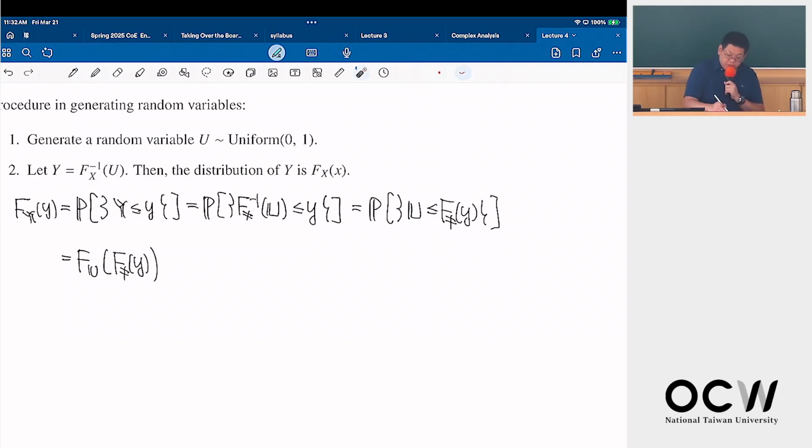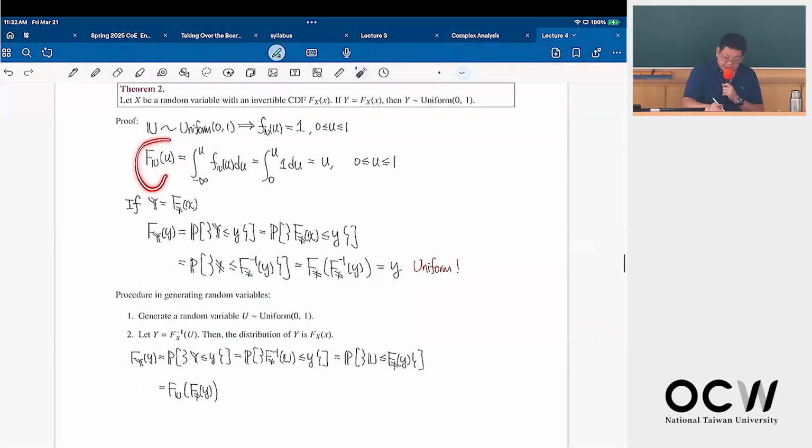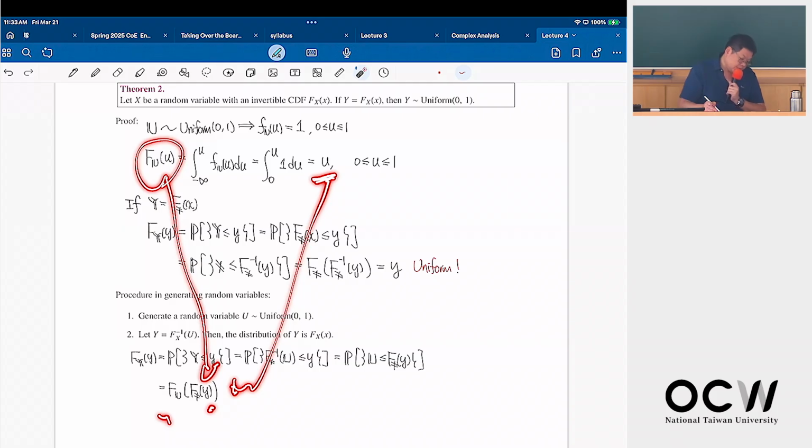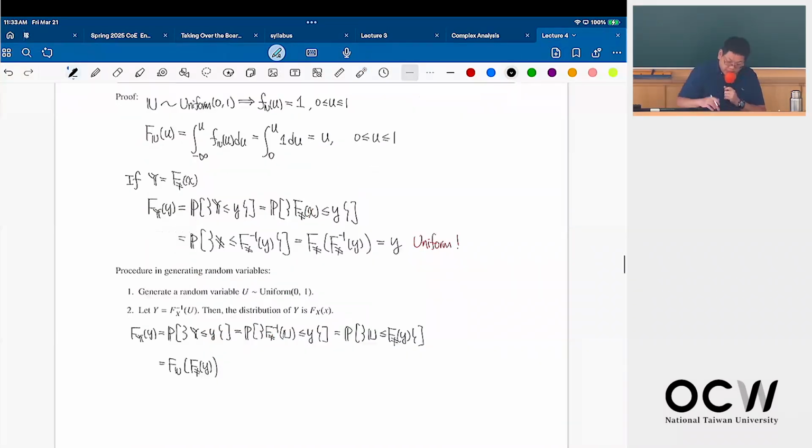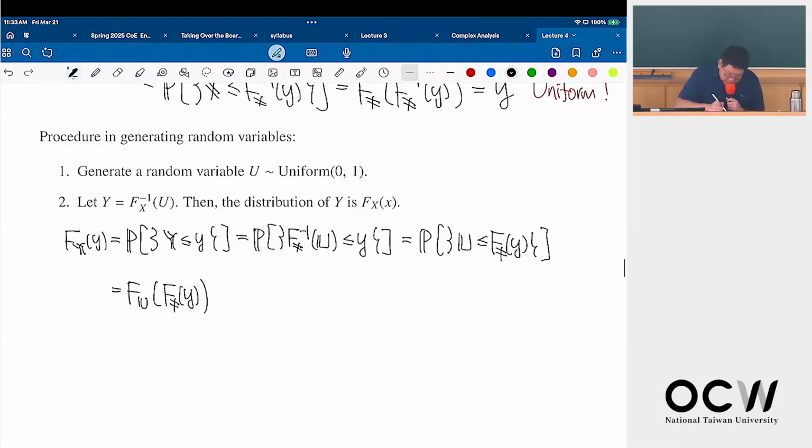We know u is uniform, so by the previous example, this should be the CDF of x at y. So this is the CDF of x of y because it is uniform.